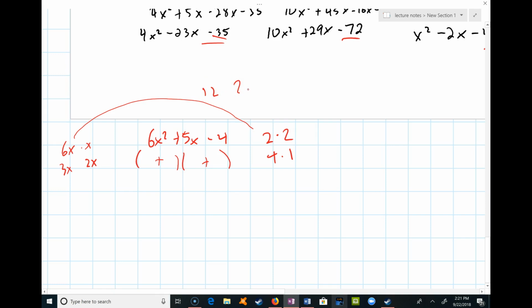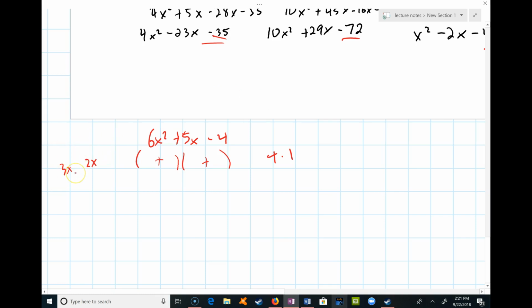That's not a difference of 5. 3 times 2 is 6, and 2 times 2 is 4. That's not a difference of 5. So 2 times 2 doesn't work. Then 6 times 4 is 24, and 1 times 1 is 1. That's not a difference. Or 6 times 1 is 6, and 1 times 4 is 4. That's not a difference of 5, so we can eliminate that one.